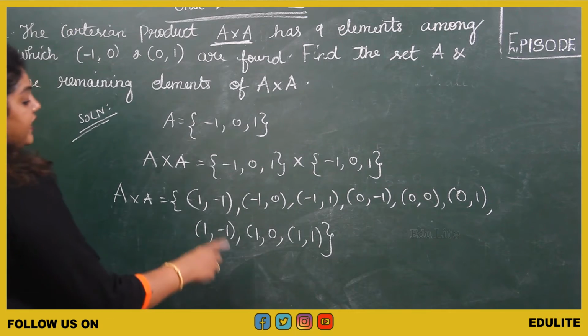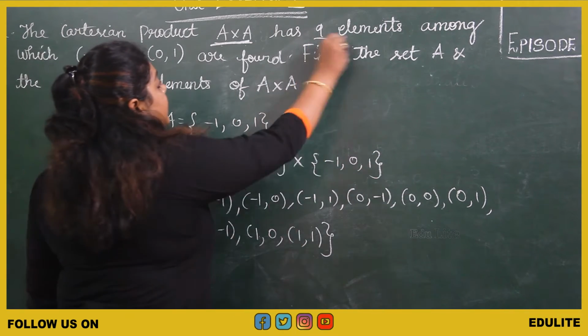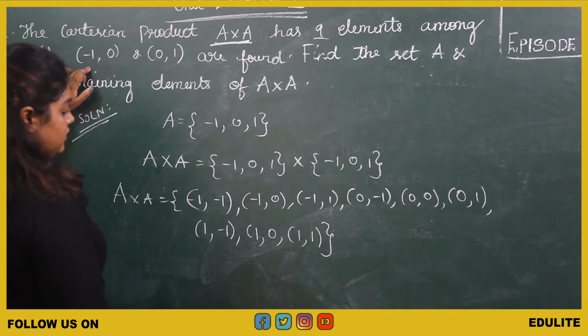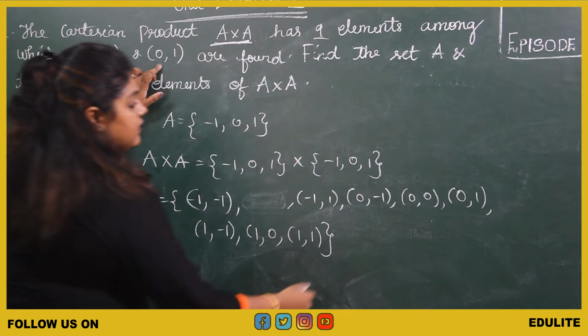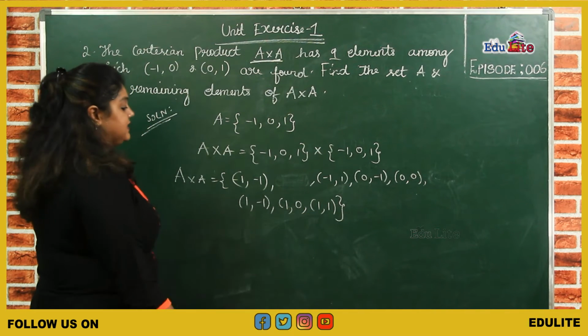So there are 9 elements, and the 2 given elements, (minus 1, 0) and (0, 1), are found here. Removing these elements, we have the remaining 7 elements as the answer.